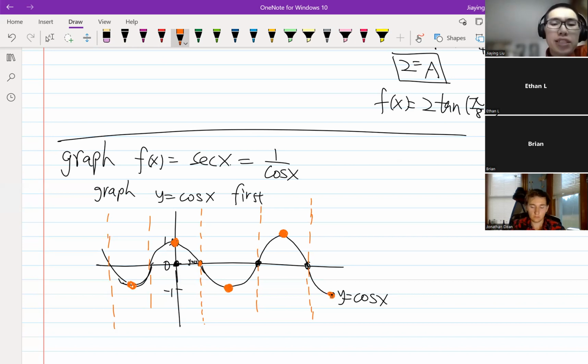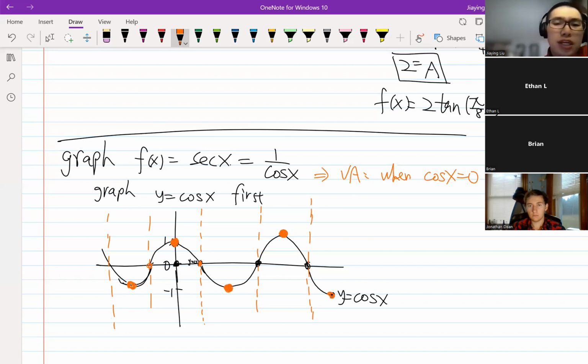So those maximum and minimum points on the cosine stay where they are on the secant, but all the zeros become vertical asymptotes, because we cannot divide by 0 in the denominator. So cosine x cannot equal 0. So vertical asymptotes happen when cosine x equals 0.